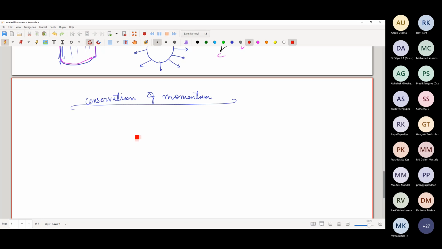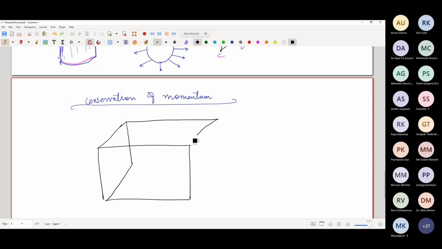Imagine once again you have an imaginary, let me draw it slightly bigger. You have an imaginary cube like this, and this cuboid is filled with the liquid.